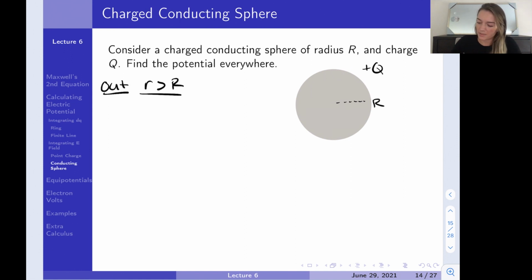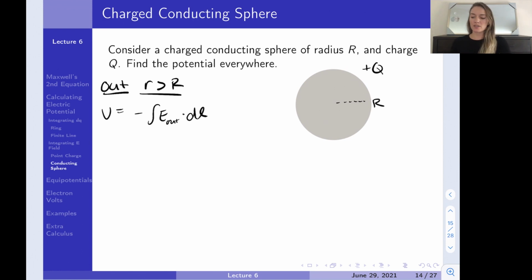So let's write down our equation. We want to do the negative integral of E dot dl. So what is E outside this conducting sphere? Let me write it as E out, because we want the electric field outside the sphere.